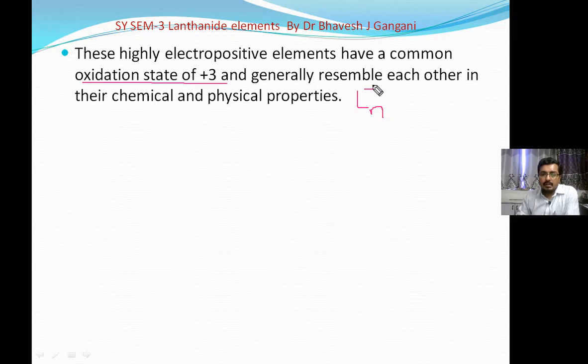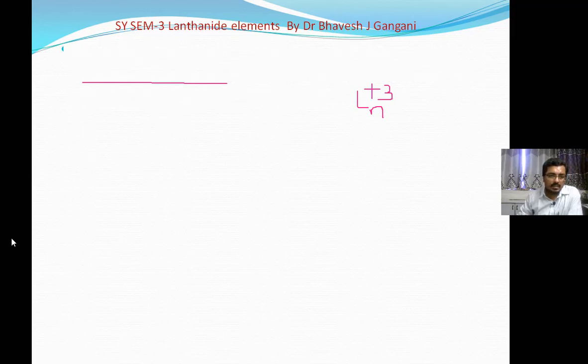They resemble each other in chemical and physical properties, meaning they have very much similarity in their chemical as well as physical properties. Because of the same oxidation state and minute differences in electronic configuration, these lanthanide elements have similar physical as well as chemical properties.